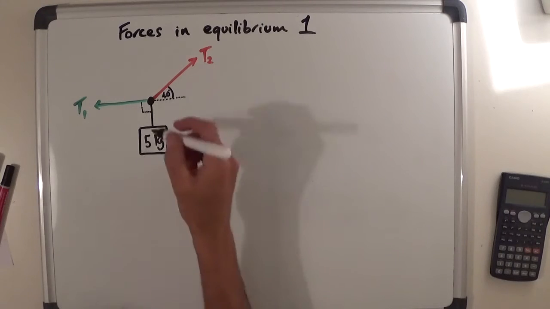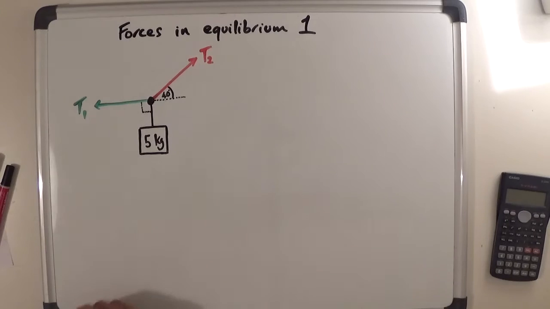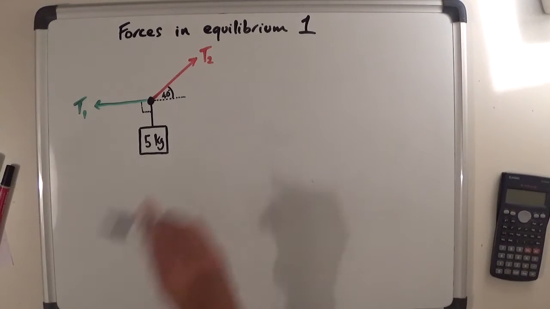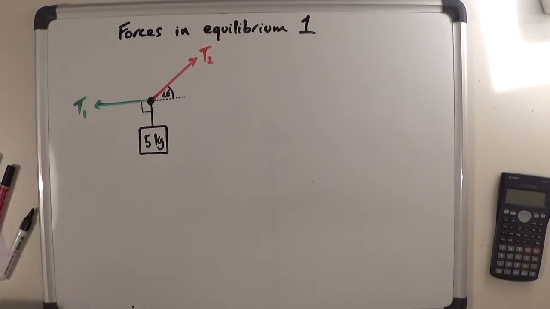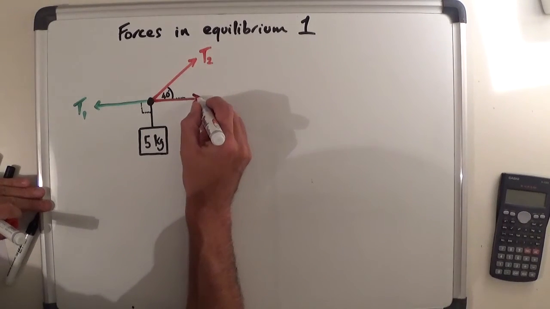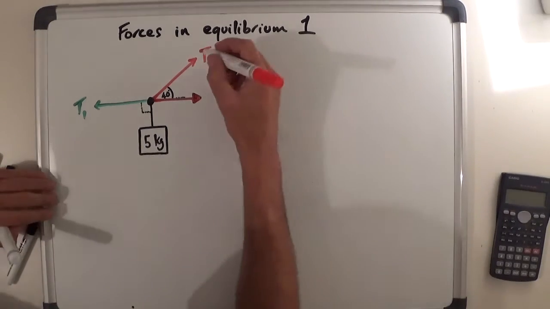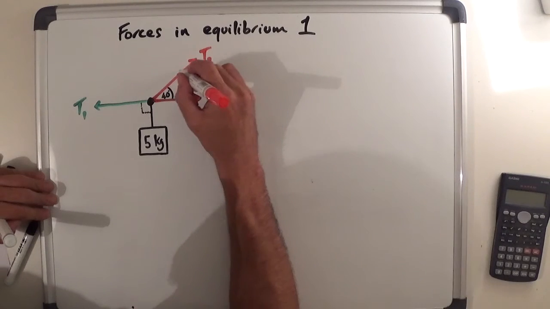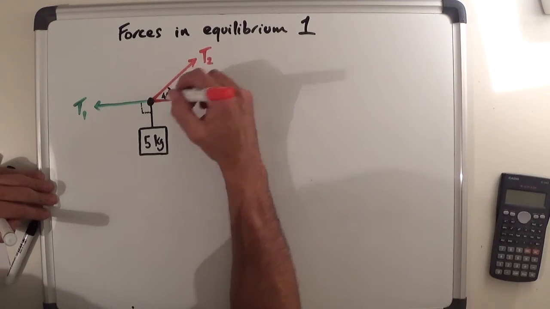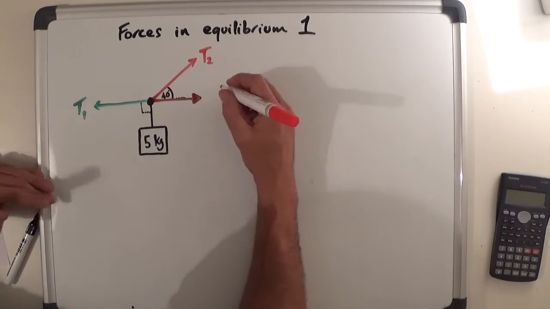So first things first, this horizontal force does not have a vertical component because it's just a force in one direction. The T2 force, however, does have two components. It's got a horizontal component and it's got a vertical component. So we can just draw these in now. I'm going to draw in the horizontal component of T2. Using the stuff we did in that last video, if this is the hypotenuse of the imaginary triangle, this is the adjacent side, so it's going to be cosine.